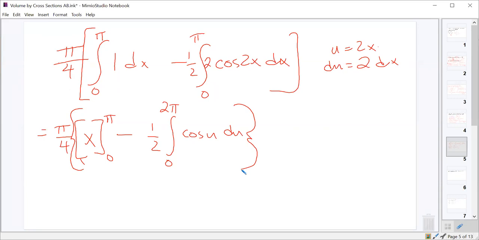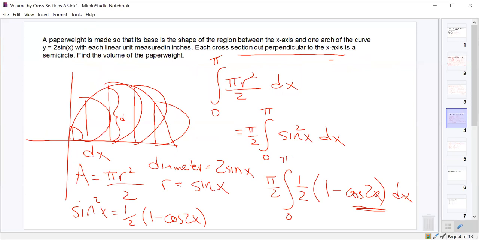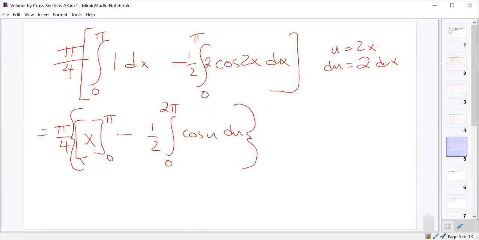Any questions here in the classroom? Yeah. I had the cosine 2x from before, right? Already. So I just flip that. And then in order to get my du of 2 dx, I needed to put a 2 in.